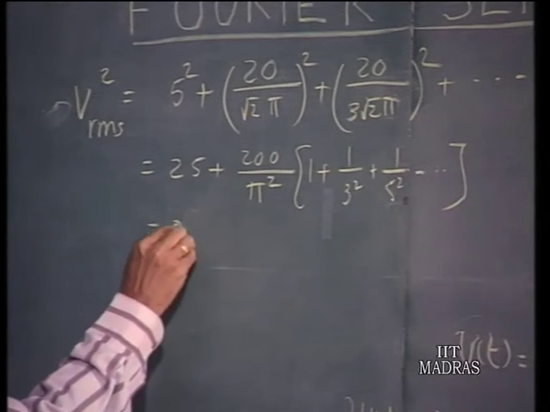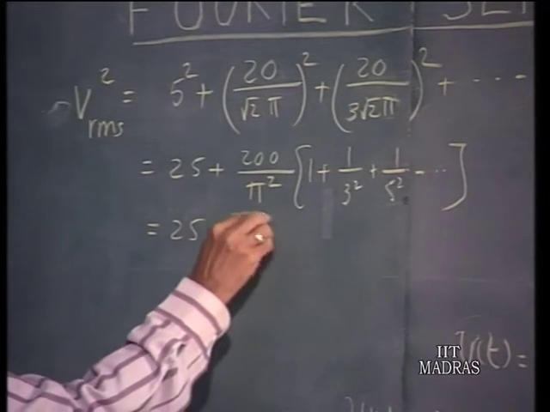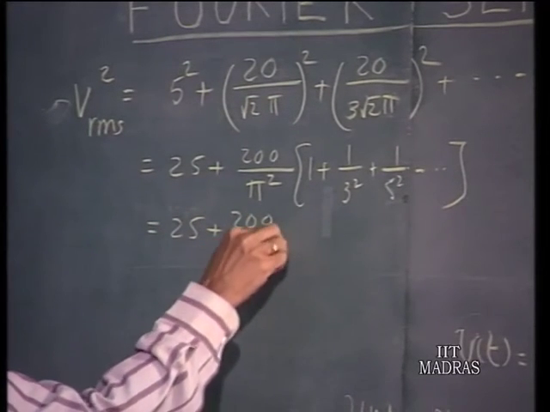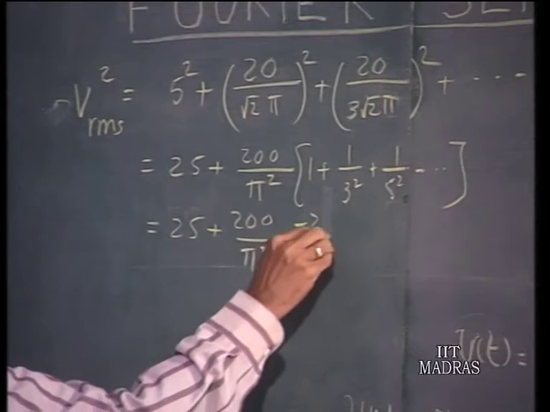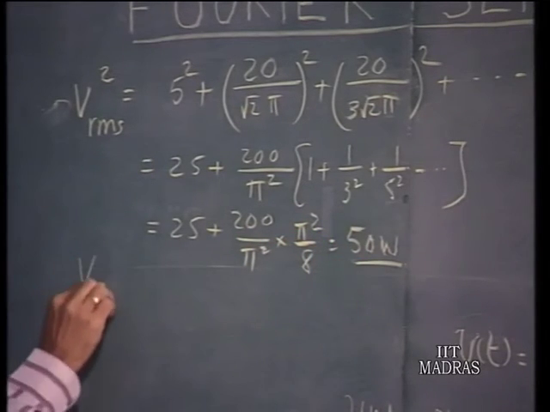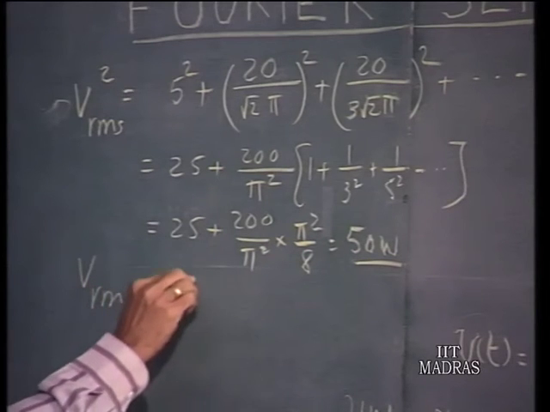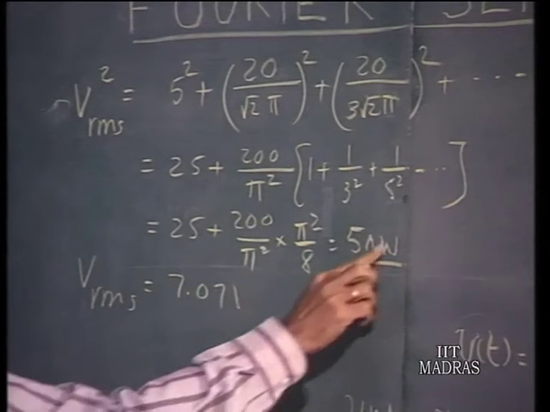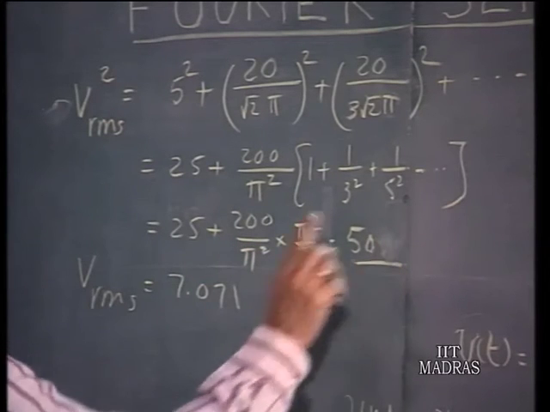Therefore, this will turn out to be 25 plus 200 upon pi squared into pi squared upon 8. So this is a total of 50. So VRMS equals 7.07, I'm sorry, 50, that is volts.